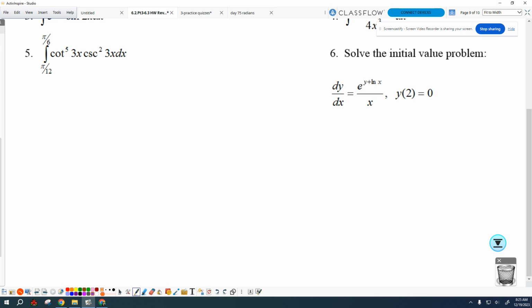Okay. Gus, what is the derivative of cotangent 3x? 1/3 cosine squared. Cosine squared 3x. Negative. The ones that begin with C are negative.